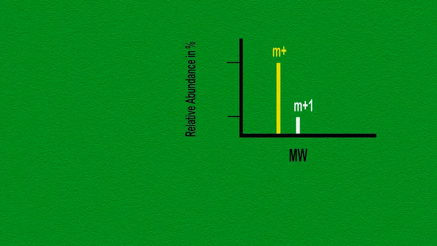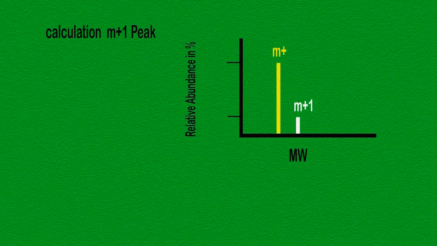Let's analyze the M+1 peak. When we look at these graphs, the y-axis indicates the abundance and the x-axis indicates the molecular mass. The M+1 peak indicates 2.53 percent and the M+ peak indicates 46 percent.